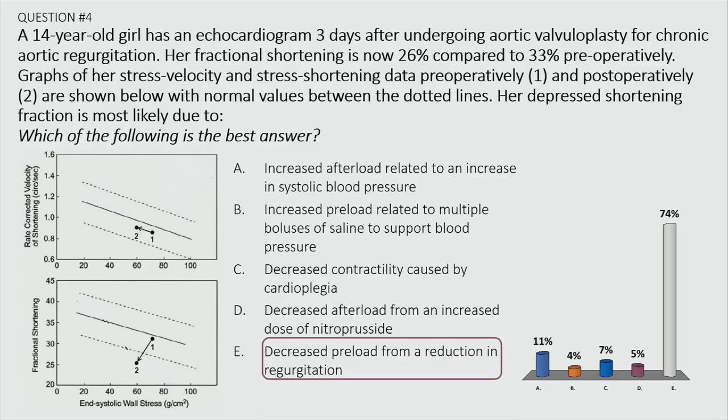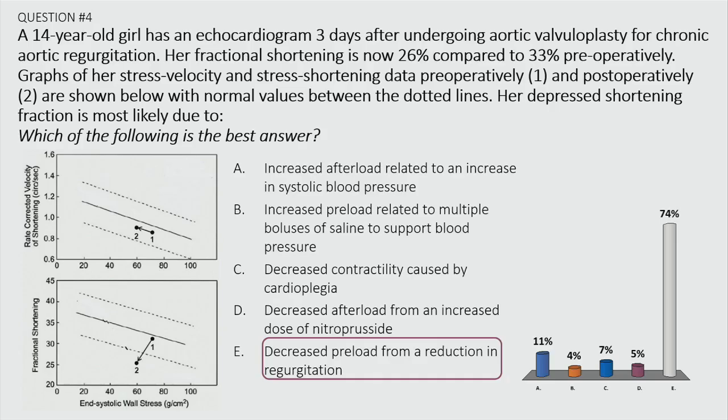Good. All right. So E is the correct answer. Let's go through this graph for a second here. On the vertical axis is that VCF parameter we talked about. It's the rate-corrected shortening fraction.